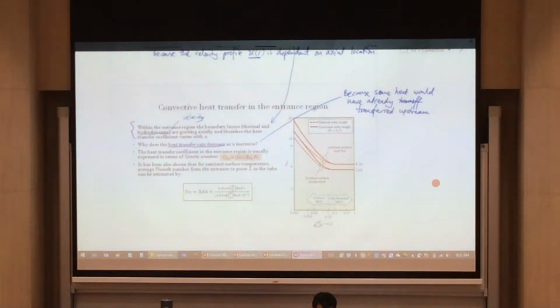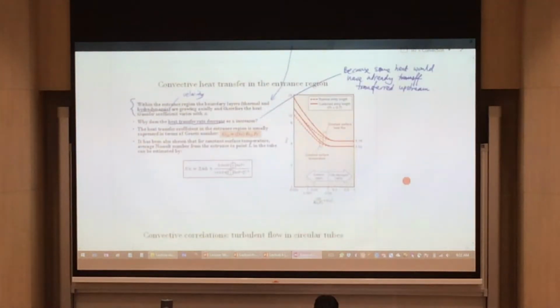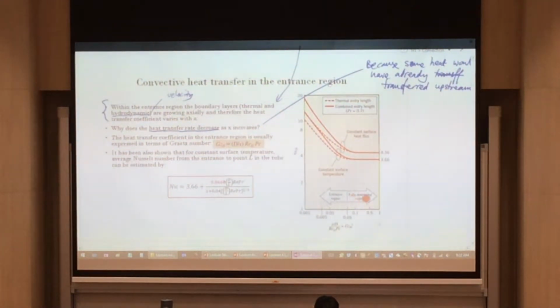Now I want to spend some time introducing what this figure is about. Again, you have this split up into the following regions: your entrance region over here, and your fully developed region over there. This point is when you have your fully developed conditions, and they are reached over here.